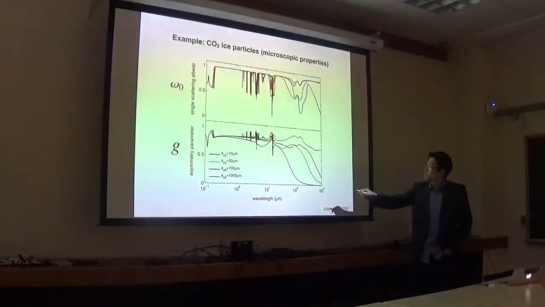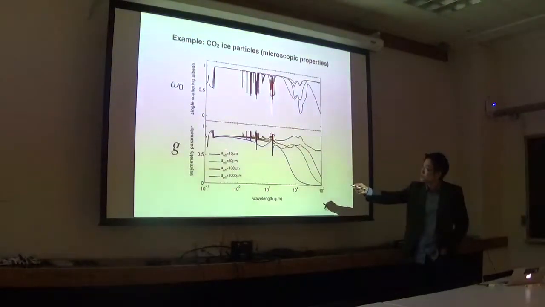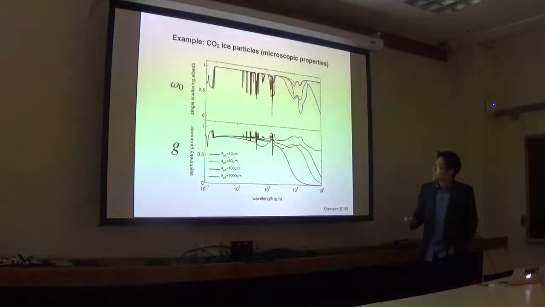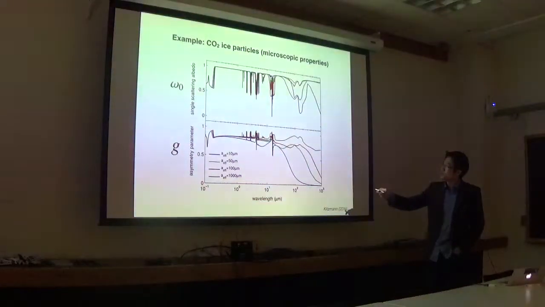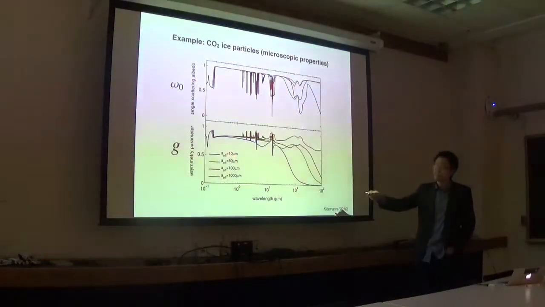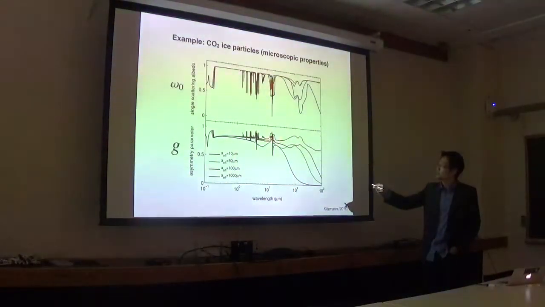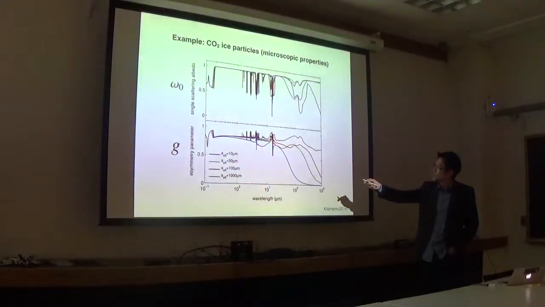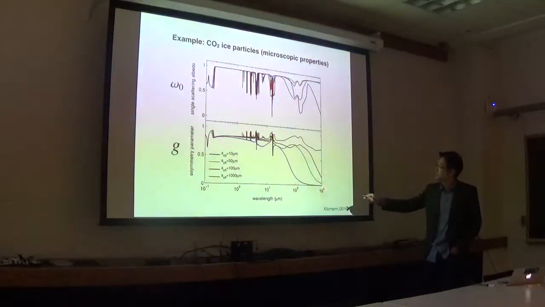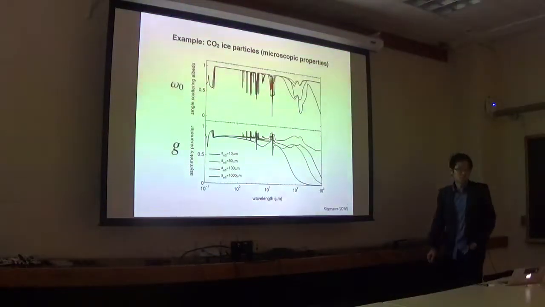And at wavelengths where the size of the particle is larger than the wavelength, this is basic scattering theory, in fact 2 pi multiplied by this, larger than the wavelength, you're very close to 1. And as the particle starts to be radiatively small, it drops off. So these are different sizes of particles.